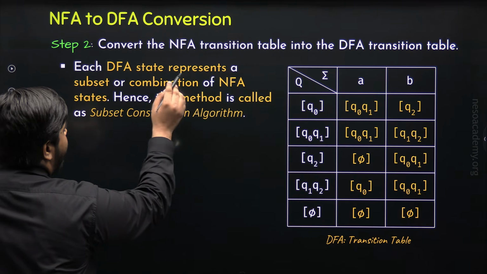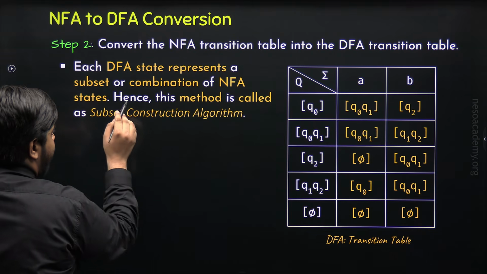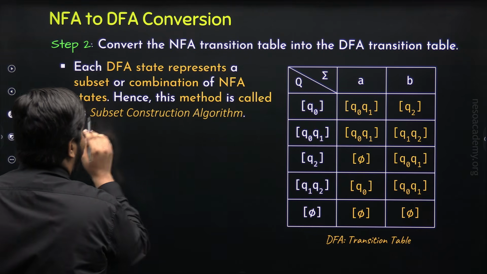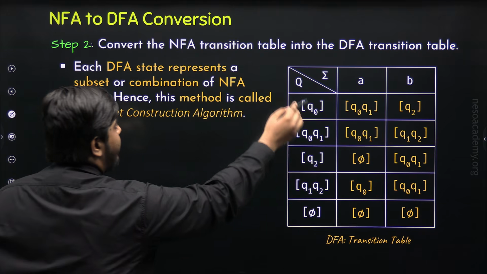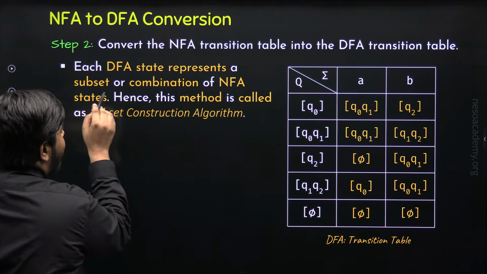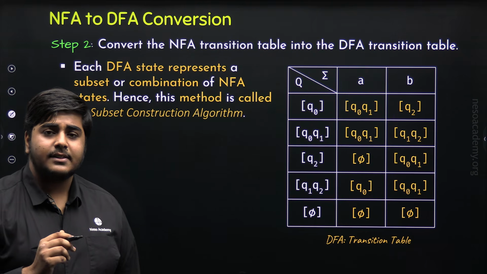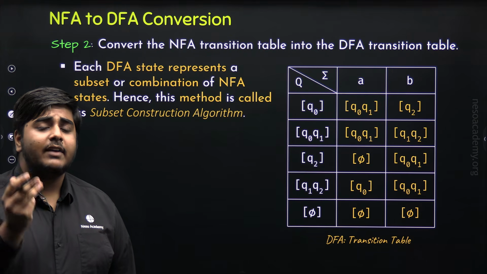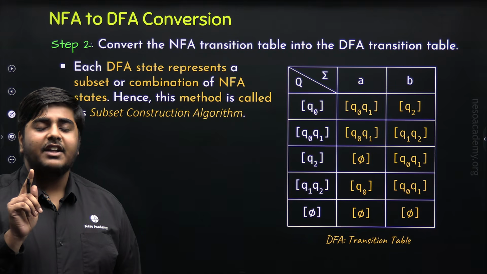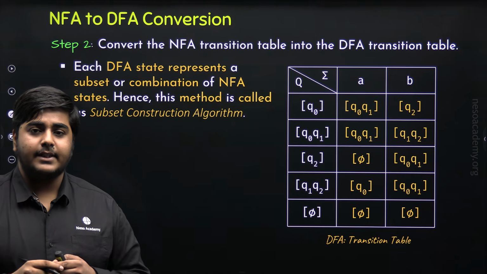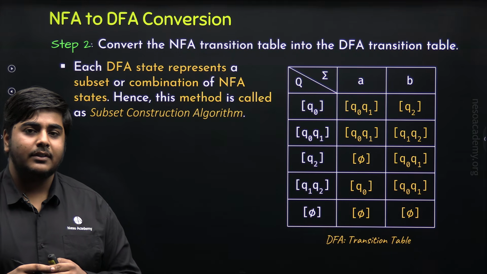Each DFA state represents a subset or combination of NFA states. Hence, this method is called the subset construction algorithm. So every state in this DFA represents a subset or combination of NFA states. What were the NFA states? In the beginning, I told you there were three states in the NFA, Q0, Q1 and Q2. And if I create the set of these three states, Q0, Q1 and Q2, what will be the subsets of this set?